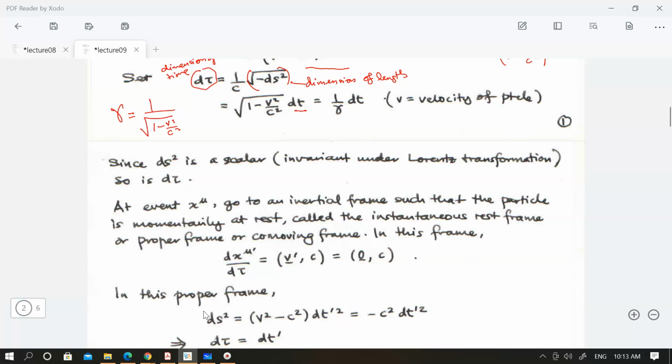And one of the convenient things, again trying to give you a sense of what this tau is supposed to be: if you go to an inertial frame so that your particle is at rest, or momentarily at rest because it's actually moving, then your v dash is going to be 0 here because it's momentarily at rest, and then your derivative with respect to time, the fourth component, will give you c, and then essentially you get that.